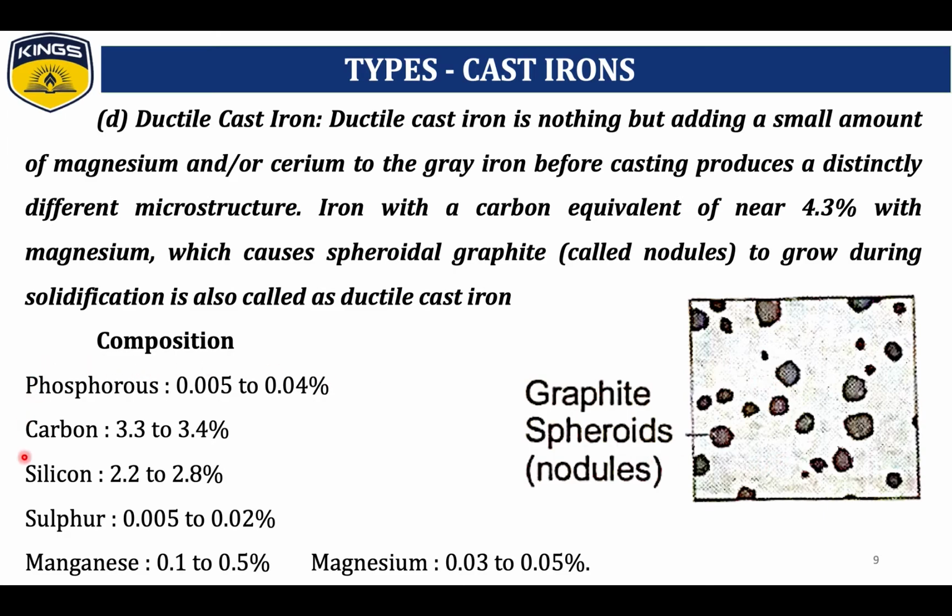We can have the compositions also: phosphorus of 0.0052 to 0.048 percentage, carbon of 3.3 to 3.4 percentage, silicon of 2.2 to 2.8 percentage, sulfur of 0.005 to 0.02 percentage, manganese of 0.1 to 0.5 percentage, and finally magnesium of 0.03 to 0.05 percentage.